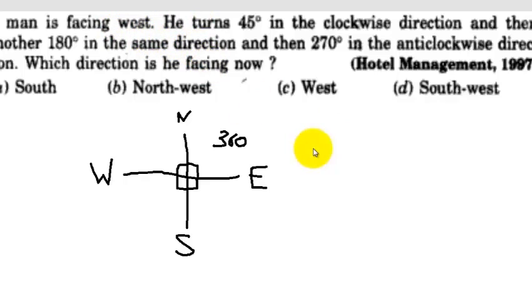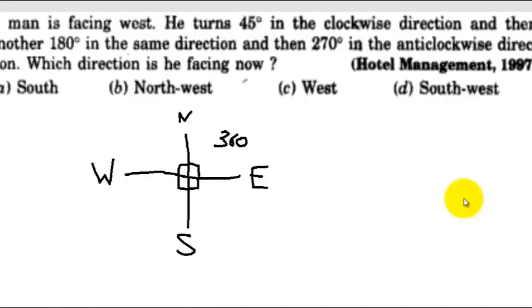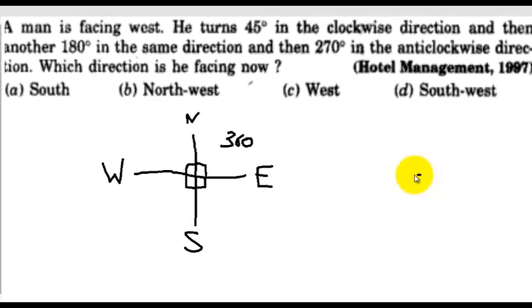The man is facing west. Now he is facing in this direction. He turns 45 degrees in the clockwise direction. Clockwise direction means the way it goes in a clock. Suppose he was here, now he is going 45 degrees, and now he is here. And then another 180 degrees in the same direction.